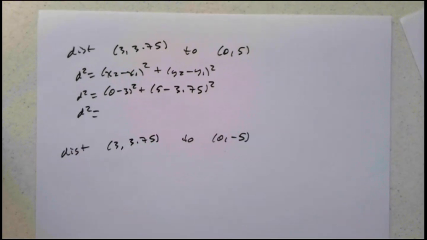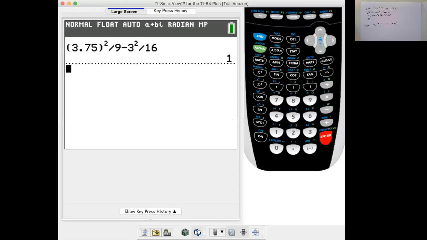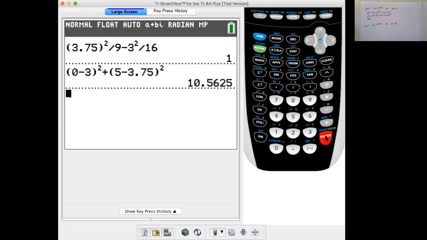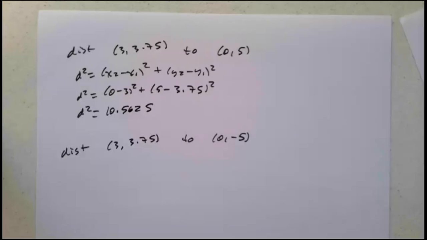Let's go to the calculator again. 0 minus 3 squared plus 5 minus 3.75 squared equals 10.5625. That was the distance squared.